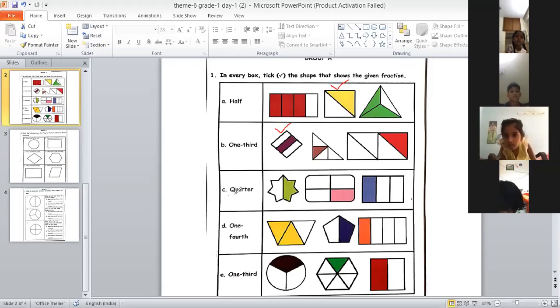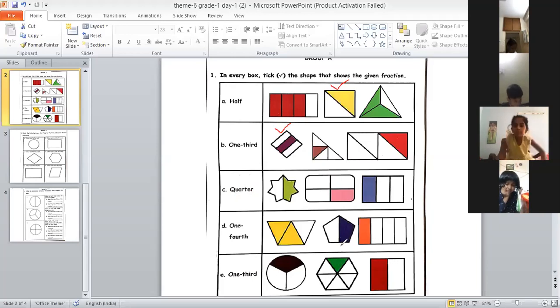Now, the third bit is quarter. You will read this word as quarter. Q-U-A-R-T-E-R, quarter. I repeat, Q-U-A-R-T-E-R, quarter. Quarter means 1/4. Okay? Yes, ma'am.